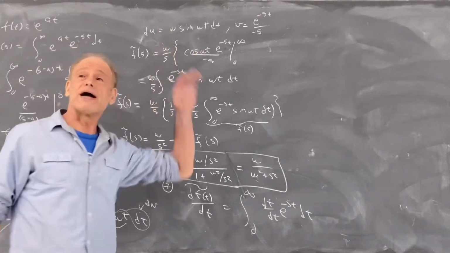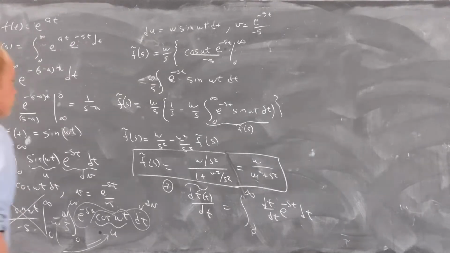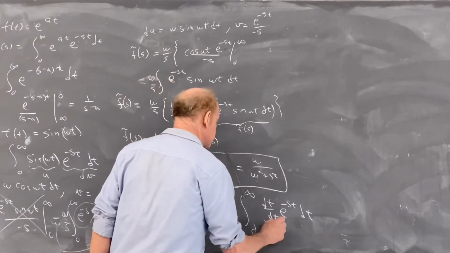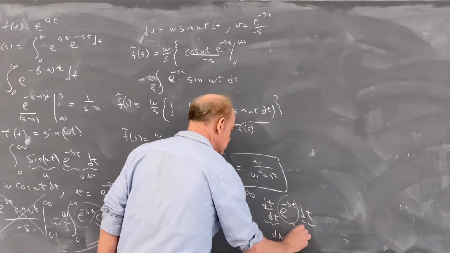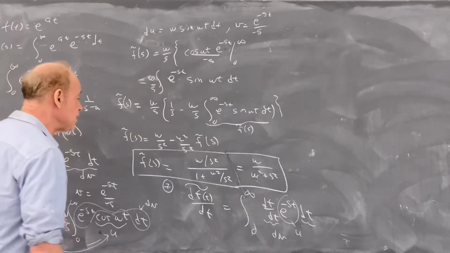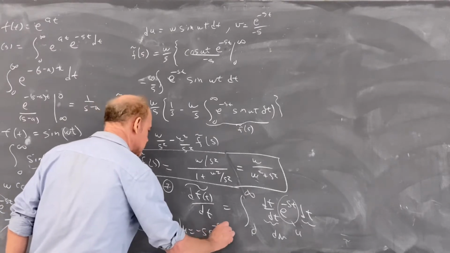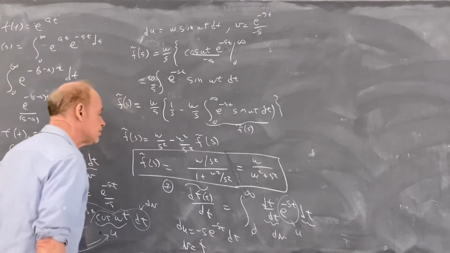Again, you don't have to worry about copying down every word because I post the pictures on Blackboard. For this one, I'm going to integrate by parts. I'm going to let this be dv and this thing be du. So du is minus s e to the minus st dt, and v is just f of t.